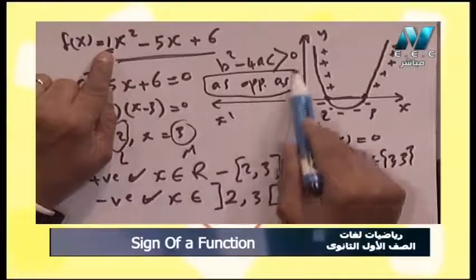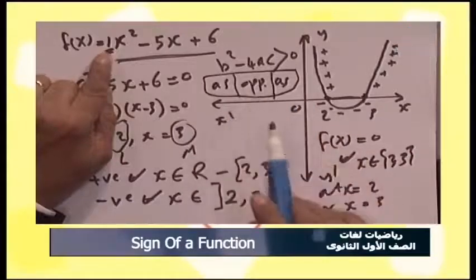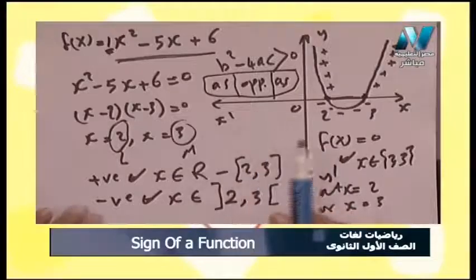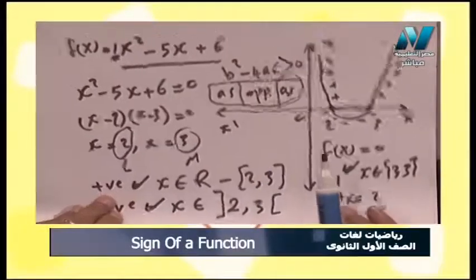So we will divide it into 3 parts to discuss the sign of the quadratic function. So we will deduce about when the quadratic function has two roots. The first part is as the coefficient of x power 2. The middle part opposite. The last part will be as.